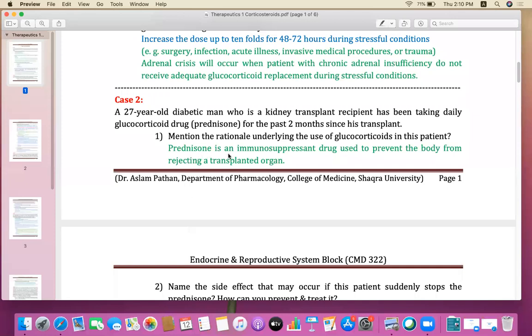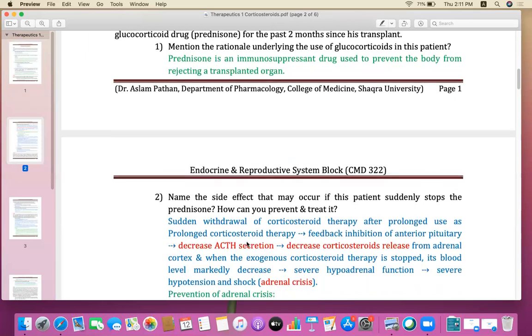Prednisone is an immunosuppressive drug used to prevent the body from rejecting a transplanted organ. So, after the transplantation, generally prednisolone is given. He is using it for the last 2 months to avoid rejection of the kidney, which is the transplanted organ.